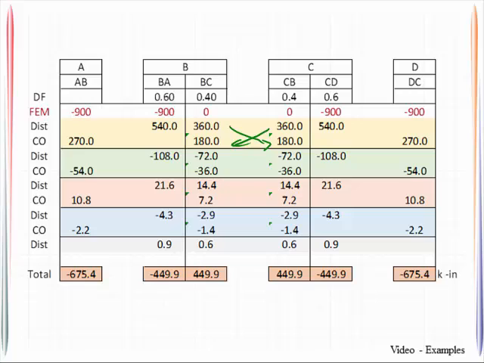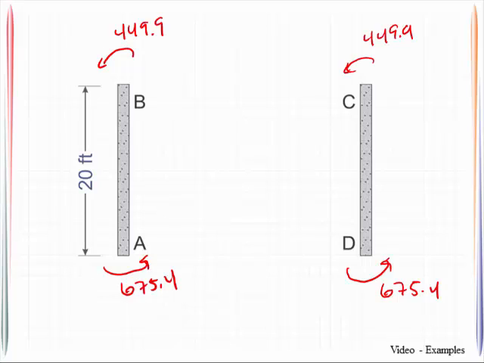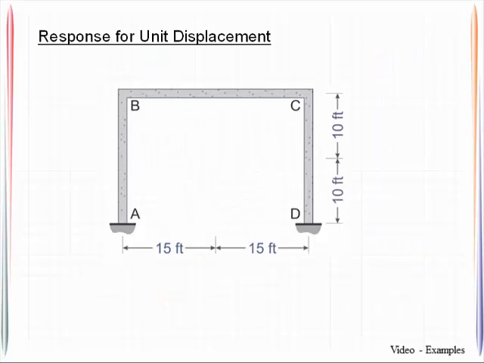Once again, handling the carryover and paying attention to where I placed the fixed end moments along with the distribution factors, this will give me the moments that developed here. I want to then take these moments that are in the columns, translate them over to a free body diagram, and then using very similar equilibrium as before, I can solve for the shear at each of these locations, and transfer these known shear forces back over here, 4.69, 4.69.